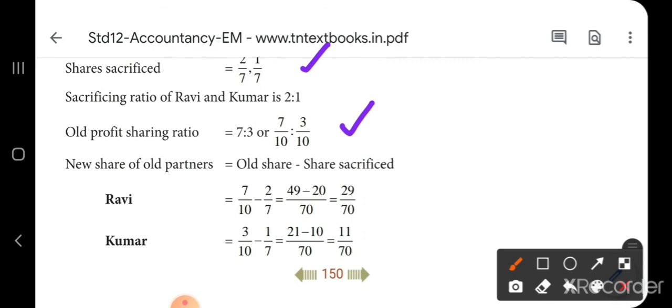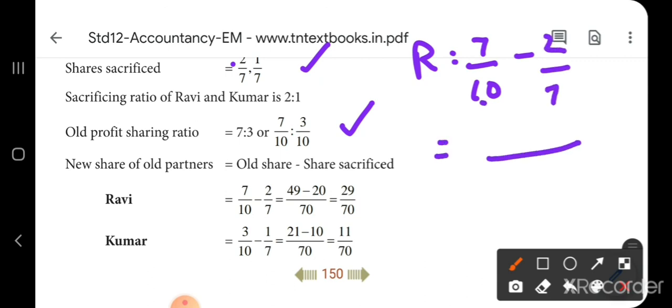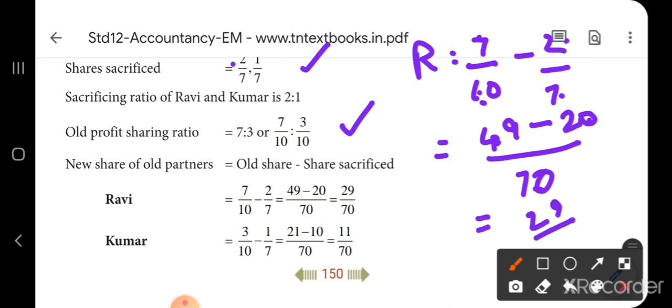For Ravi, the old share is 7 by 10, minus the sacrificed share, 2 by 7. That means 7 into 10 is 70. 7 sevens are 49, minus 2 into 10 is 20. So 49 minus 20 is 29 by 70. This is the new share for Ravi.